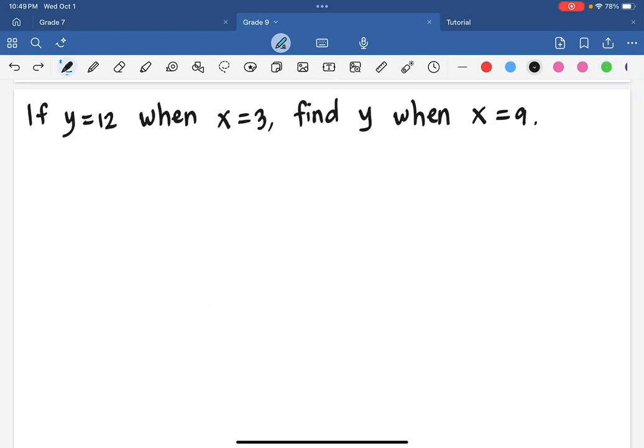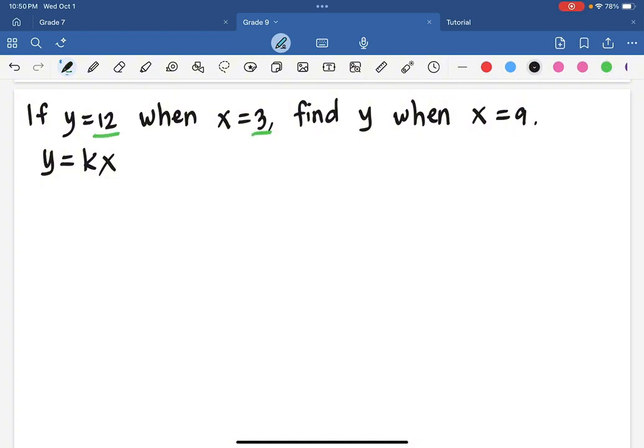Since we're done with solving for the constant and x, now let's try to solve for y given this problem. So we have here, if y equals 12 when x is 3, find y when x is 9. So let's write the form again. We have y varies directly as x. Now we need to substitute the values of the first part. For y we have 12 and for x we have 3.